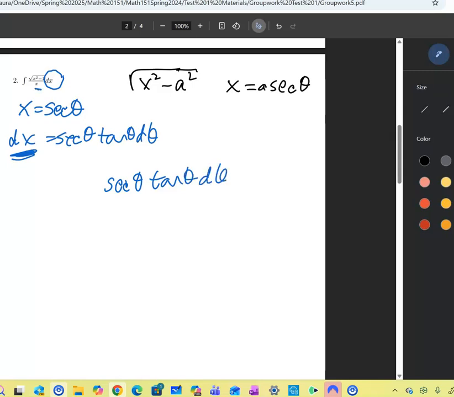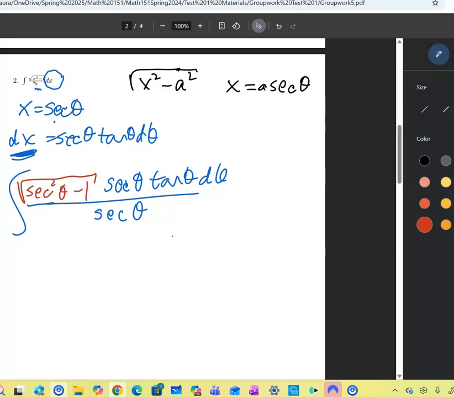So we've got this x in the denominator. That's like secant theta right there, right? Because that's what x is equal to. And then here comes the radical. Now remember, the reason we're doing this is because inside the radical will be an identity. If I put x squared in, I'd have secant squared of theta minus 1.